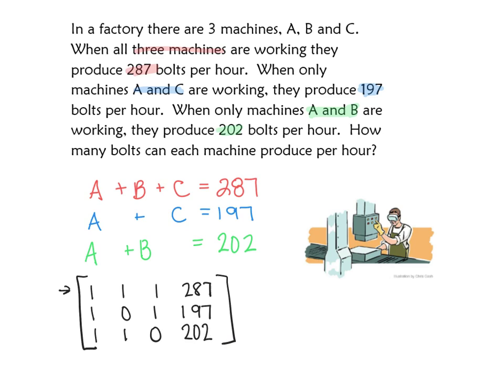Just to double check, I have 3 rows. I have 4 columns. So your dimensions should be set up still from the last example, but always make sure you double check. And now go ahead and enter this into your calculator and see what you get for an answer.